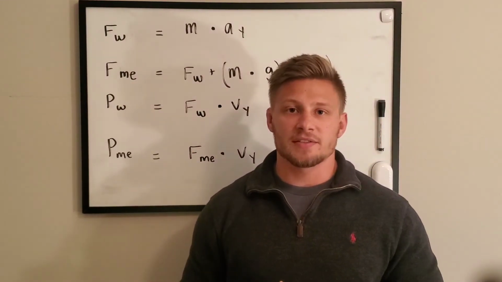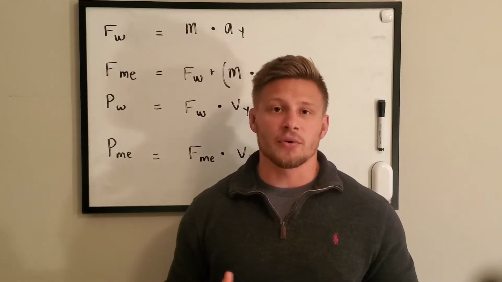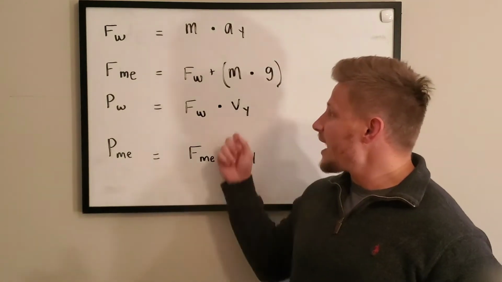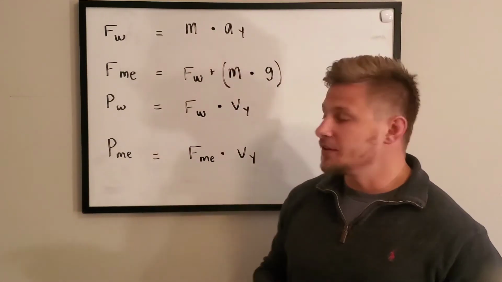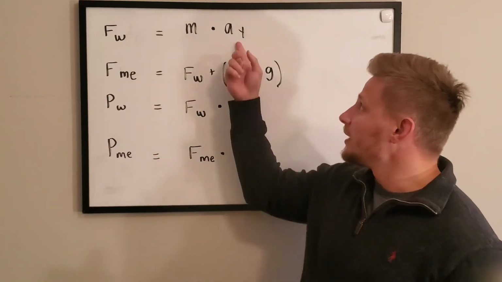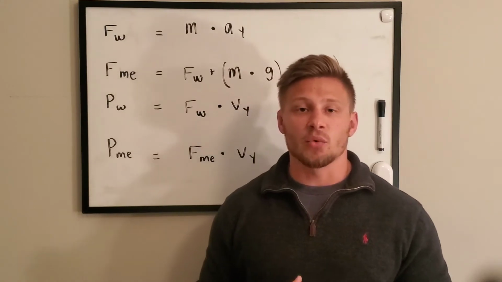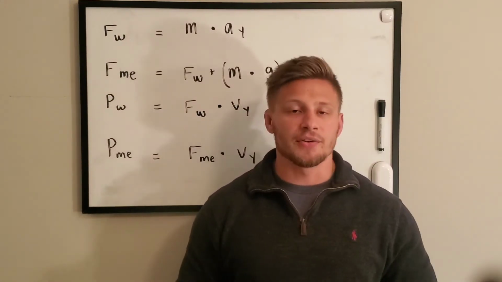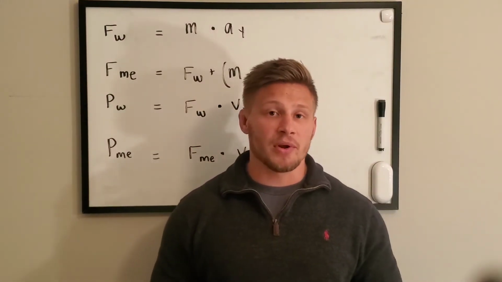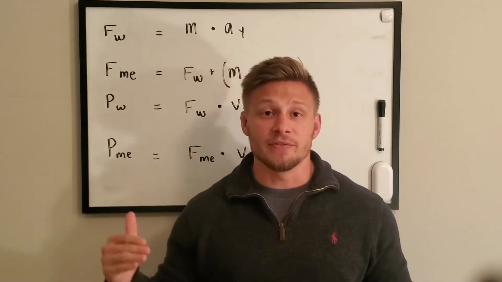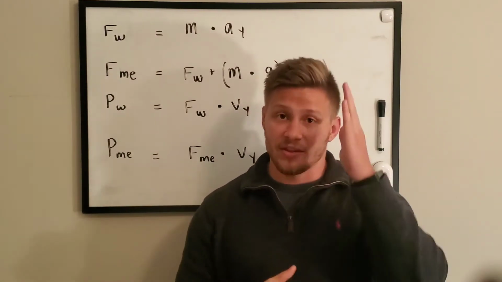A couple of things to note are that everything is happening in the y component, like the velocity in the y and acceleration in the y. That's because in the video I'm squatting and the weight is only moving in the y direction. Next week we'll talk about what happens when something is moving in both the x direction and the y direction.